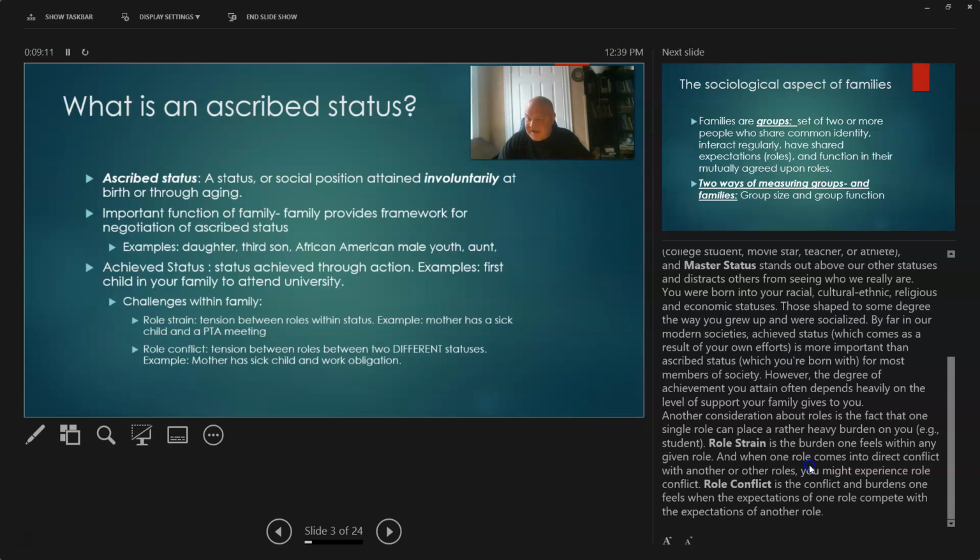Role conflict is the conflict and burden one feels when the expectations of one role compete with the expectations of another role, usually in terms of time allocation, time resources. You're a student, an employee, and a parent, perhaps.